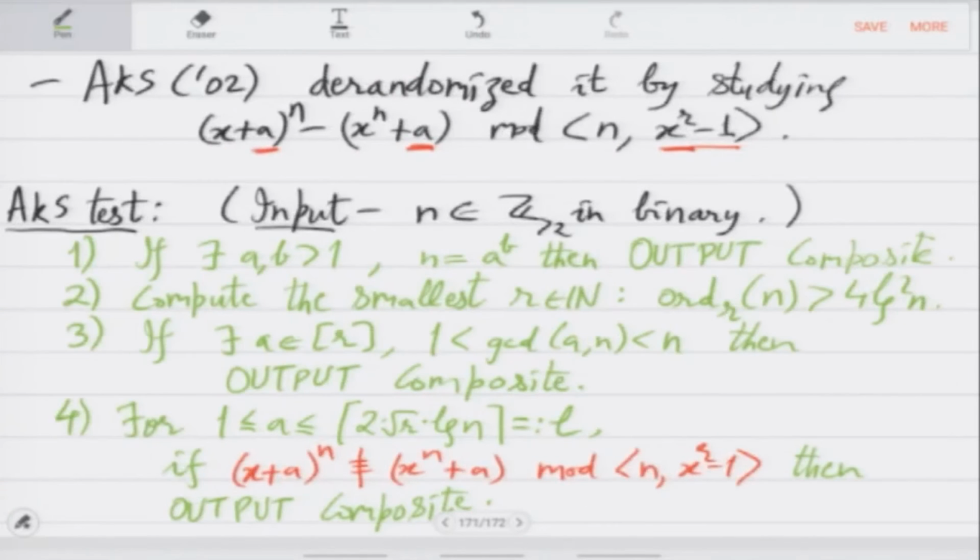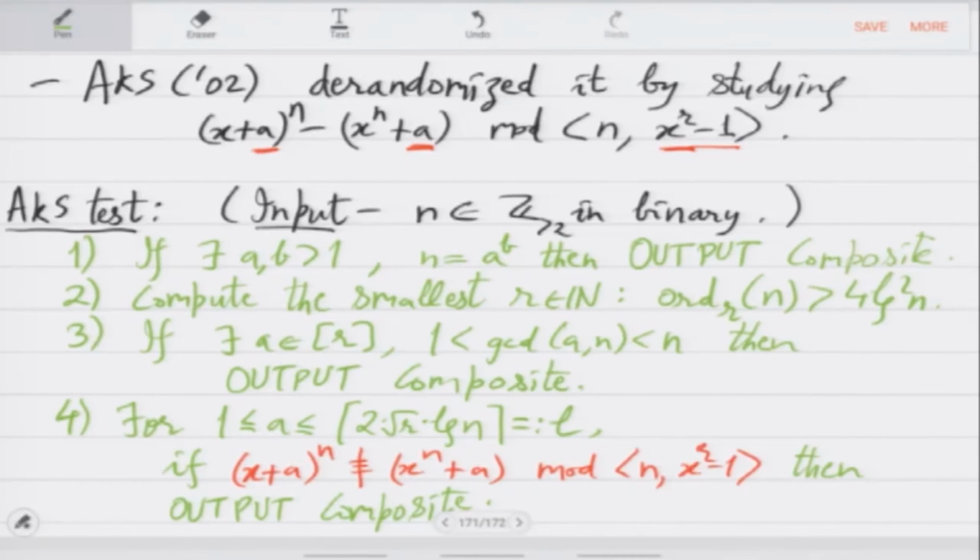That's the last step. Okay, so this is the algorithm. It's basically step 4, the identity being checked for many a's, but this number of a's depends on r.